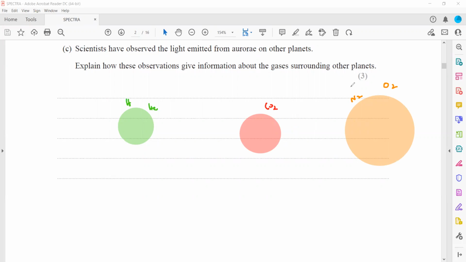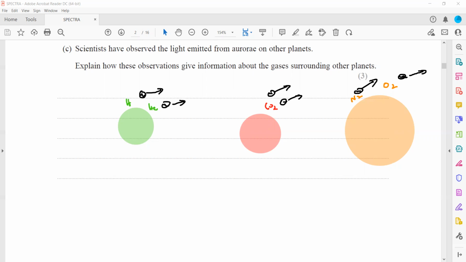So how do we identify the composition of the atmosphere? The photons emitted from the planet whose atmosphere is filled with hydrogen and helium will be different from the photons emitted from carbon and oxygen, and that will be different from nitrogen, because for every element the distance between the shells is different, and that is like the identity or fingerprint of the element.